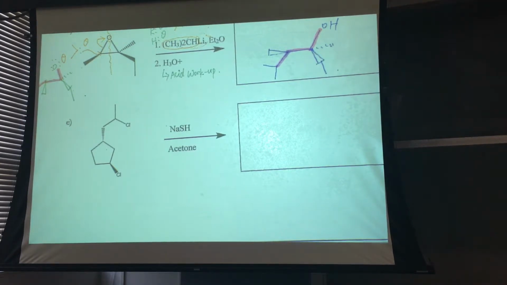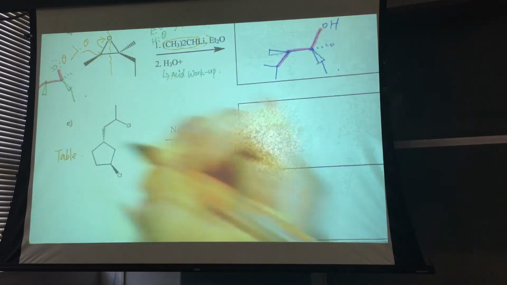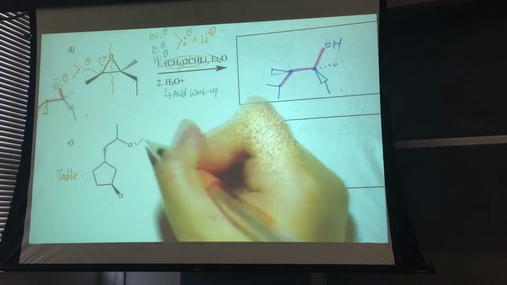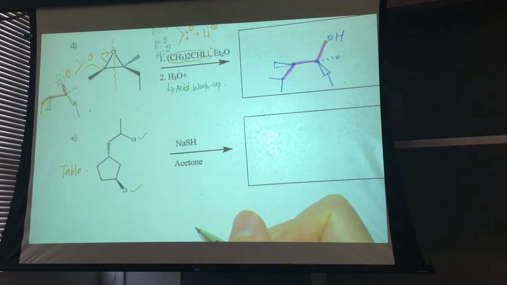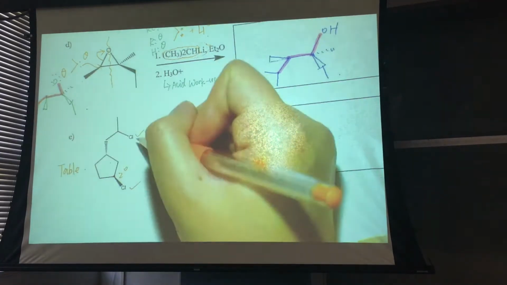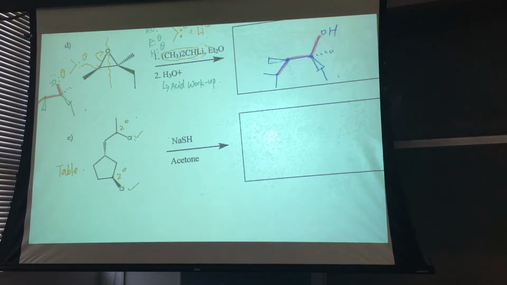Next one is the table question. I'll write table here. Table question, let's see what our center carbon is. First, I have two good leaving groups. This one is secondary. This one is also secondary. So they both are secondary.